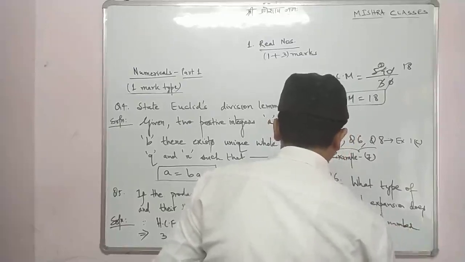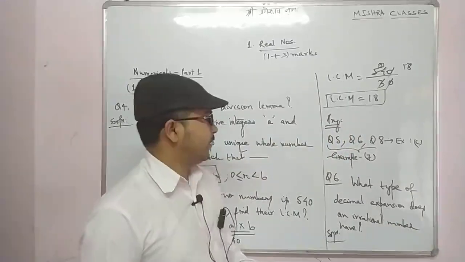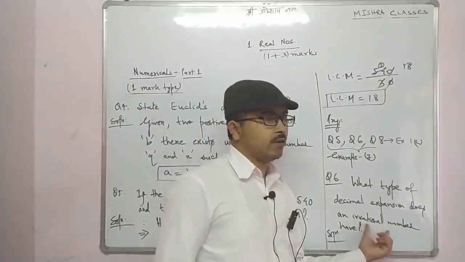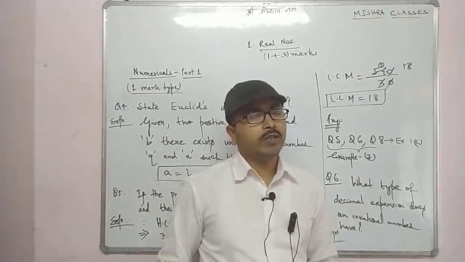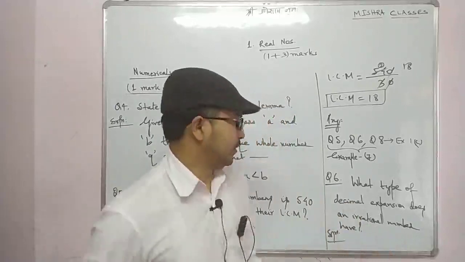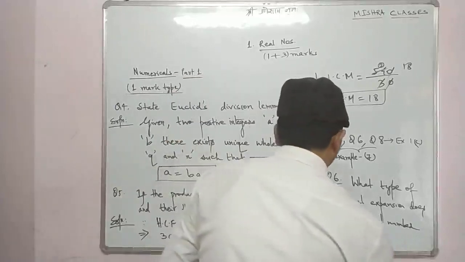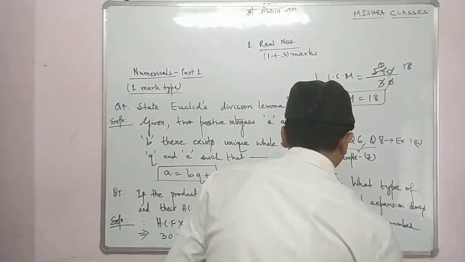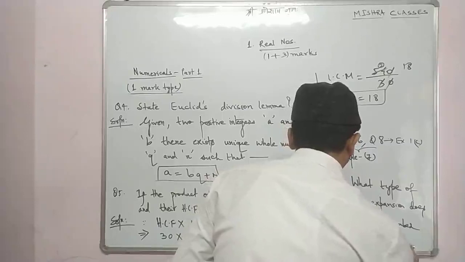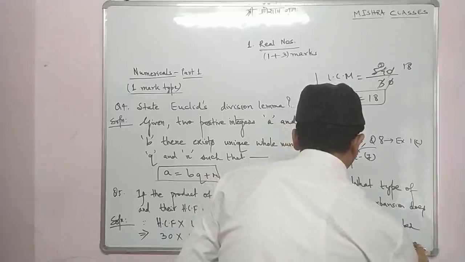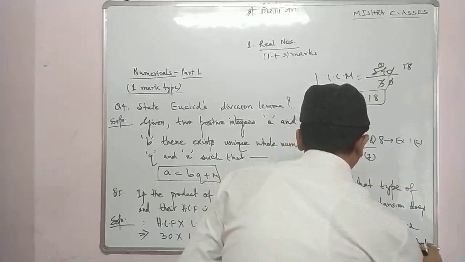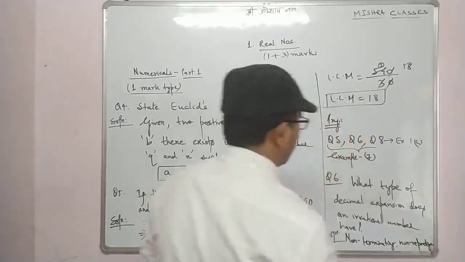Solution. Now all of you know that an irrational number is nothing but non-terminating and non-repeating. So we can say: non-terminating, non-repeating. Is it clear?